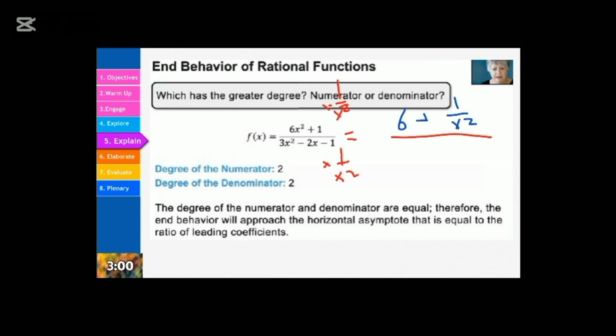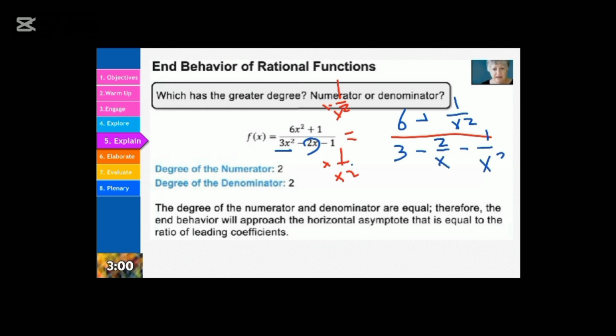And in the denominator, 1 over x power 2 multiplied by 3x power 2 will be 3. Then multiply 2x, it will be 2 over x, and then multiply 1, it will be minus 1 over x power 2.